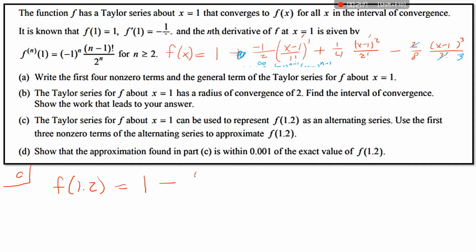Okay, 0.2 over 2. And then plus 1/4 times 0.2 squared divided by 2. Okay, so I'm going to go 1 over 8, and this will be 0.2 squared. And then, yeah, keep going.